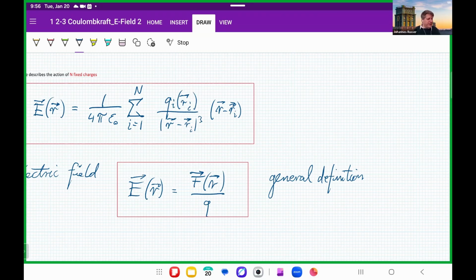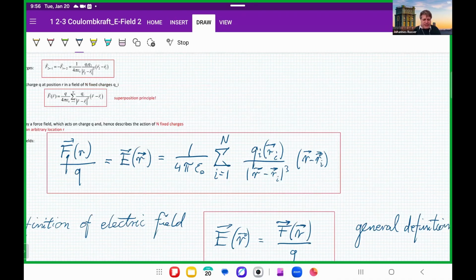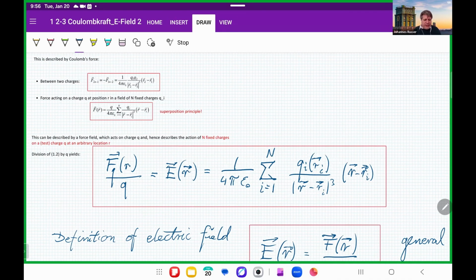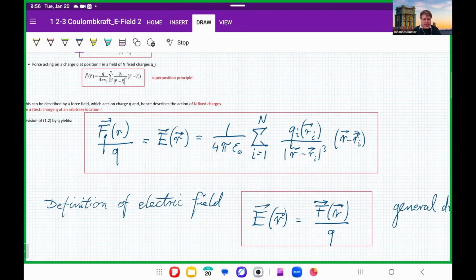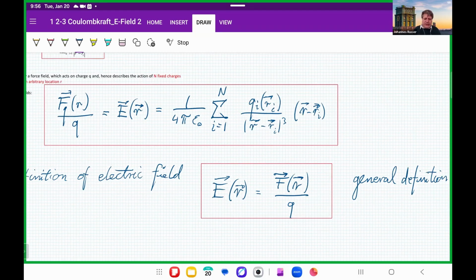If you take two charges, or a multitude of charges, as you see in equation 1.2, the force depends on the charge value of the test charge itself. So you take that out of the equation by simply dividing through the test charge, and you get the concept of the electric field.